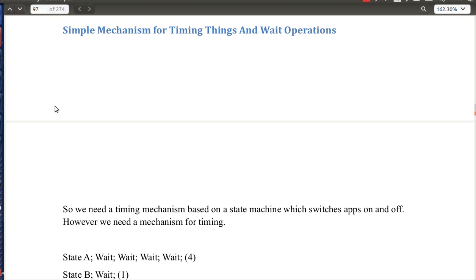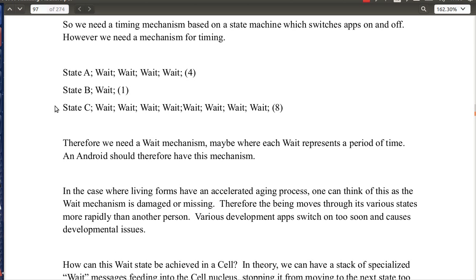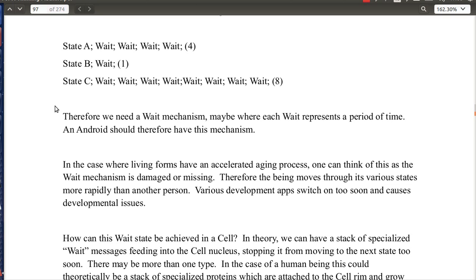So how's that achieved? Very simply, the idea would be that the cells or the untyped actors have some kind of wait state, which is a little bit analogous to a second or a minute or whatever, but it's a wait. In other words, don't leave this state until so many waits have happened. So in the example I have here, state A has 4 waits, state B has 1, and state C has 8.